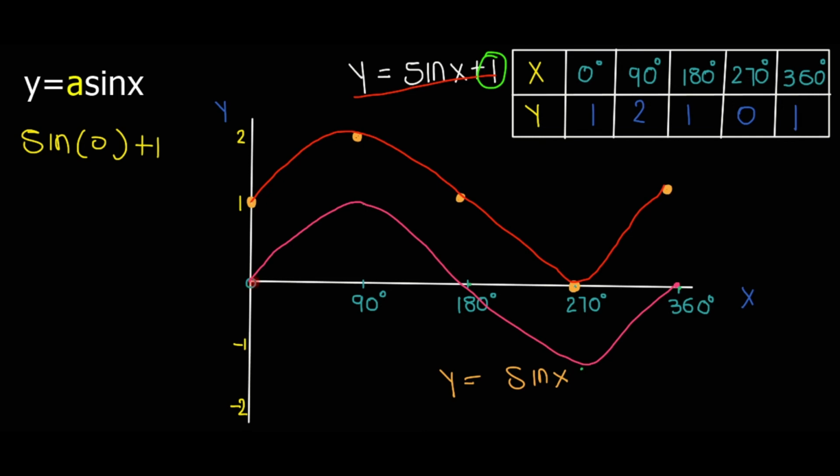Remember, we had 0 and 0, so now we have 0 and 1, and where we had 90 and 1, now we have 90 and 2, and where we had 180 and 0, now it's 180 and 1. So it means the graph has moved up by 1 point, which is +1, because it is +1.